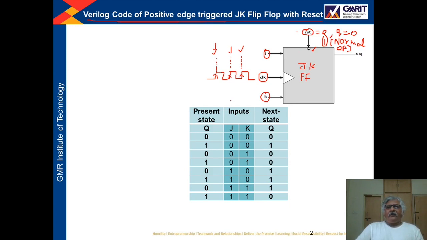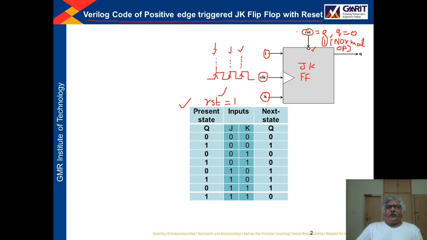Now here you can find the truth table of the JK flip-flop, and we have written it by assuming that the RST input is 1. So if the reset input is 1, the flip-flop works as per this truth table.